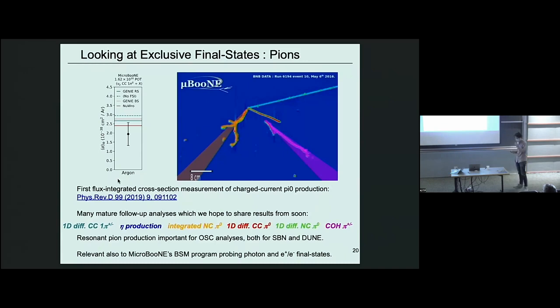And one thing I'll want to stress is that pi0 production in particular is very relevant to our BSM program, because a lot of the signatures that we're looking for in this program have to do with photons or electron-positron pairs. And obviously pi0s are a big background, so we need to make sure we understand what that background looks like after trying to get rid of as much of it as possible.